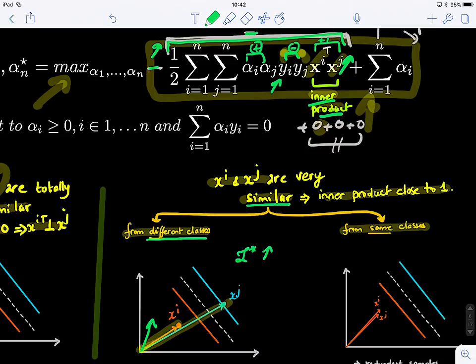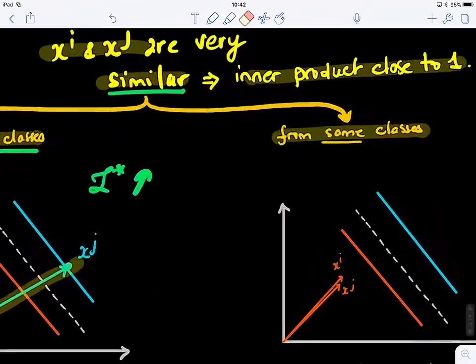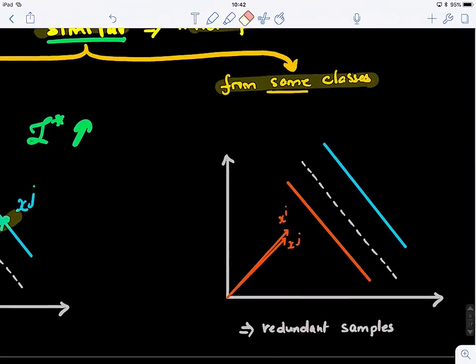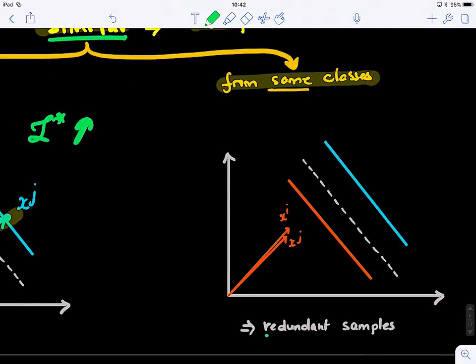Now let's look at the second case, where we have two points drawn from the same class. These are what we call redundant samples. They're very similar.